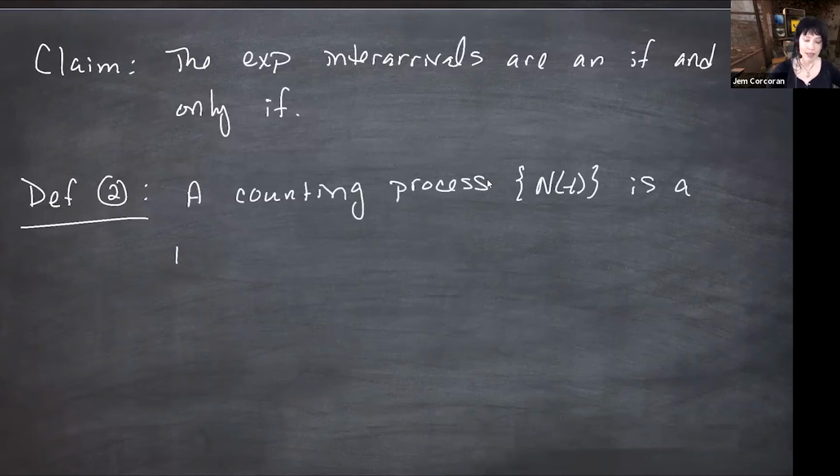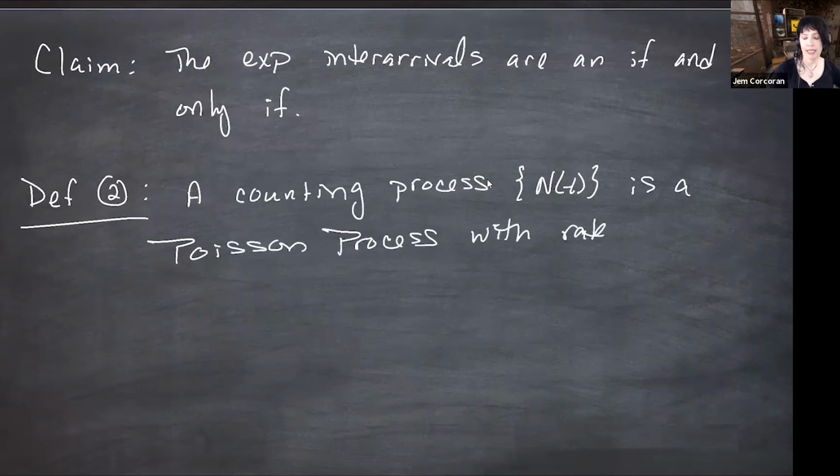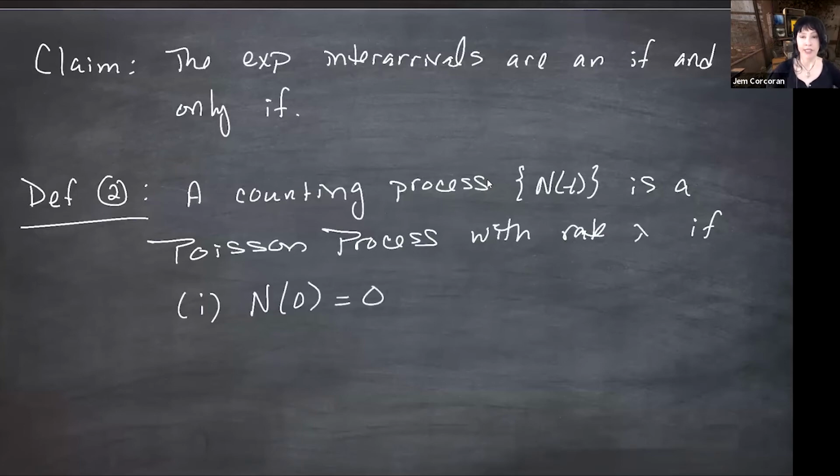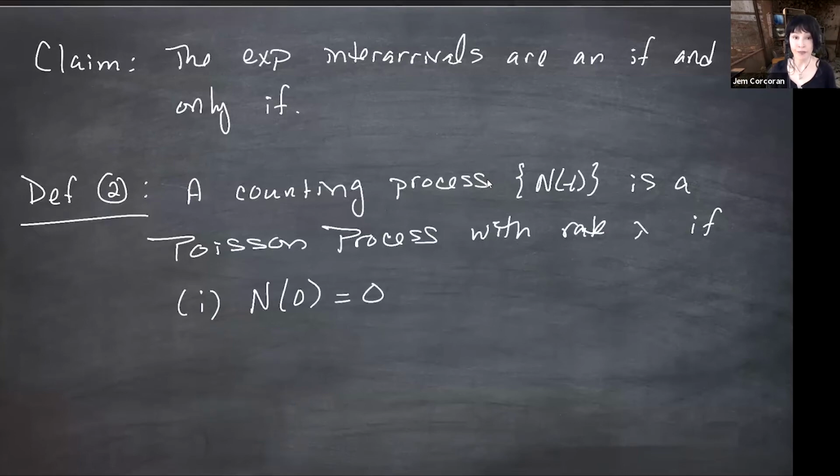Is a Poisson process with rate lambda if, that's the lambda, looks like an x. The first I, there's going to be three i's again. I, double I, triple I. So we're going to start it just by convention. So you have 0 arrivals by time 0.